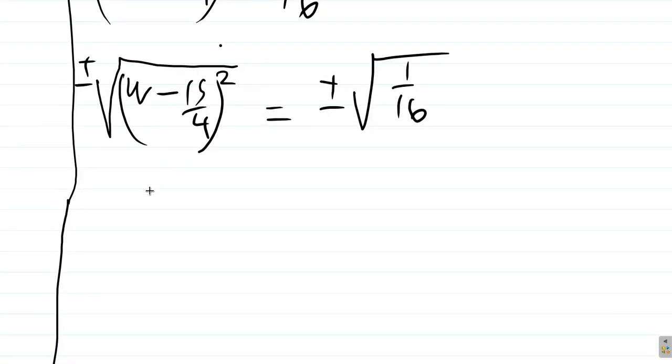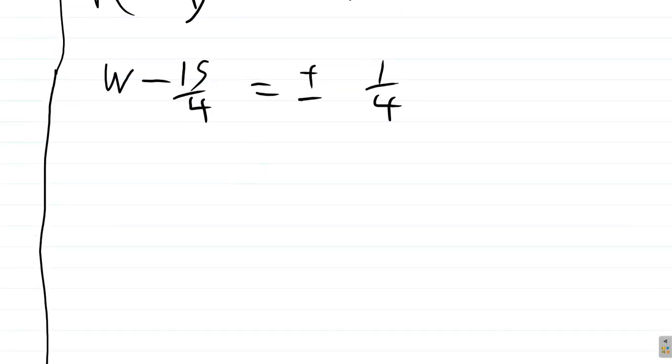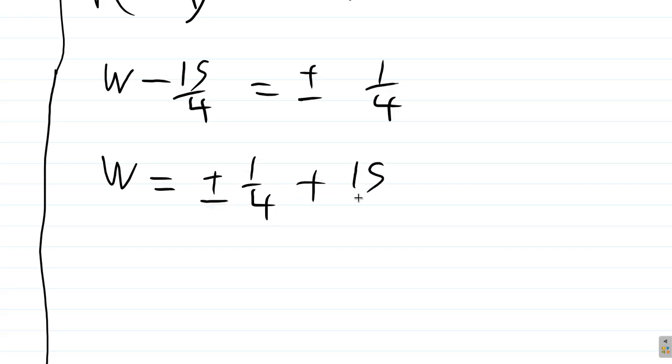So what you have is w minus 15 over 4 equals positive and negative, well, you know the square root of 1 over 16 is 1 over 4, alright? You want to find out what w is. Let's add 15 over 4 to both sides. w is equal to positive and negative a quarter plus 15 over 4.